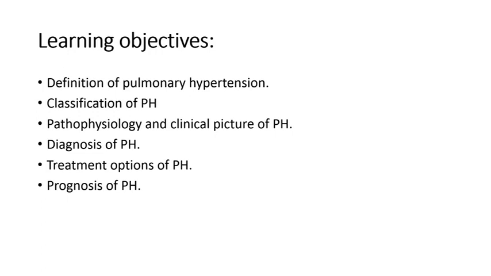We also should be able to differentiate different treatment options for pulmonary hypertension, either pharmacologic, procedural, or surgical. We should also be able to differentiate patients with pulmonary hypertension who have different prognosis depending on their functional capacity.